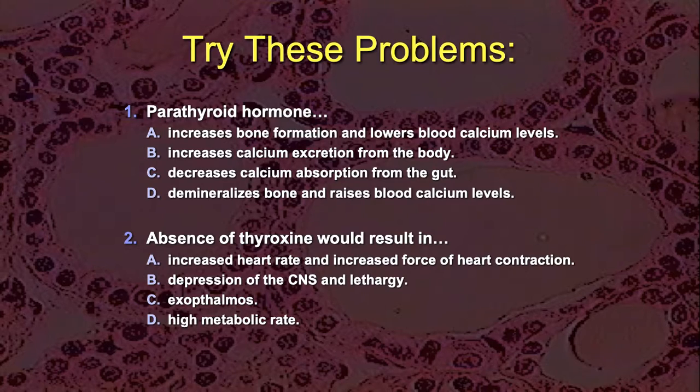No, because that's his job is to increase heart rate. Exophthalmos is the bulgy eyes. That's too much TH. High metabolic rate, that is a lot of TH. So depression of the CNS and lethargy. So just tiredness. That's going to be TH, or absence of TH. Okay.